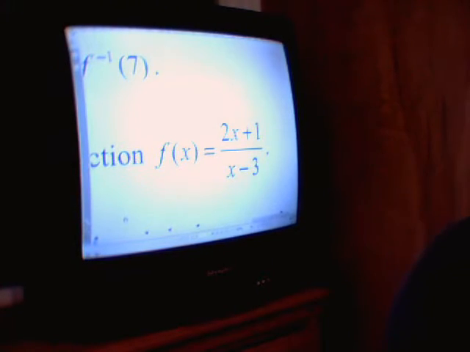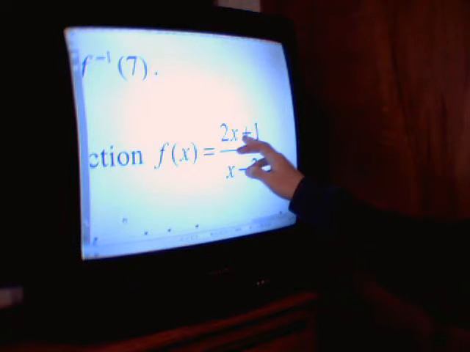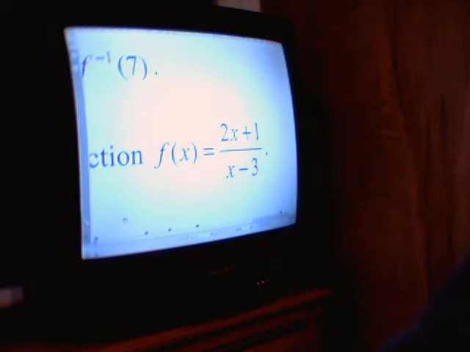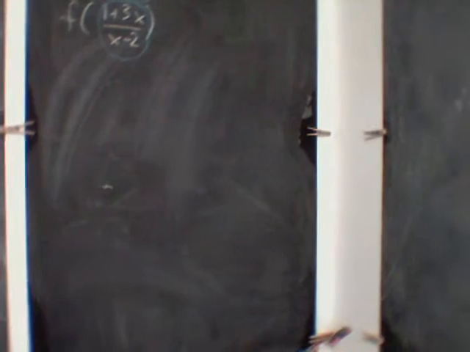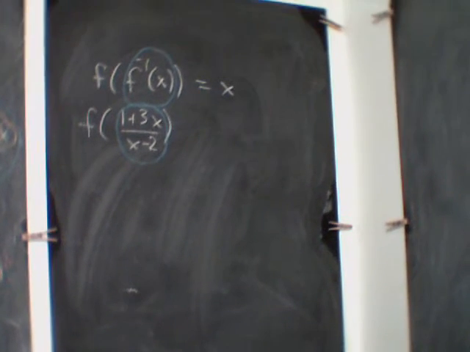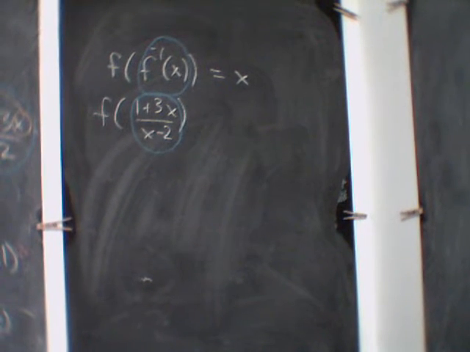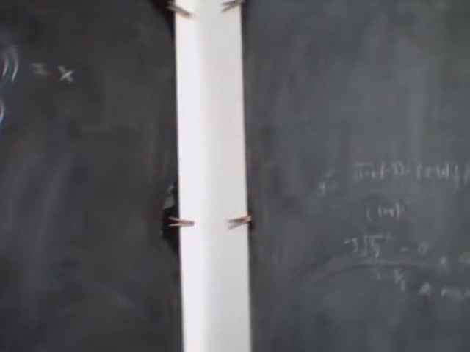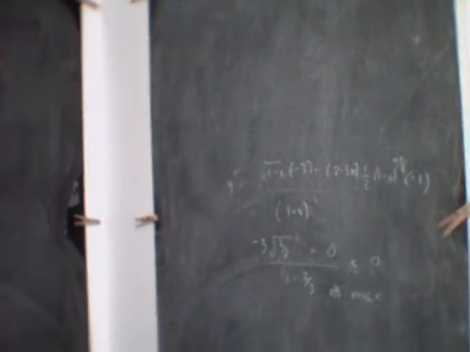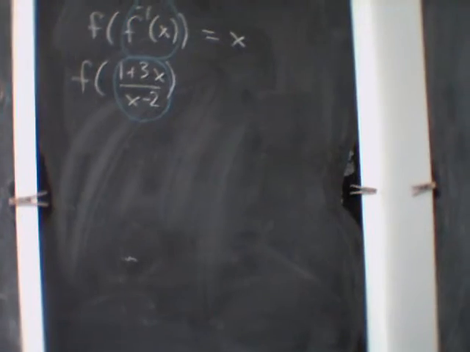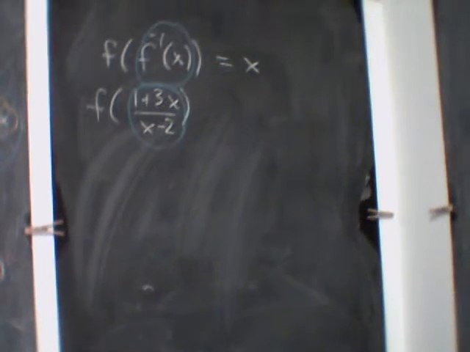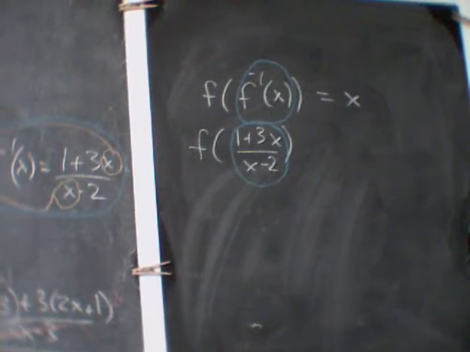And so everywhere we see an x in the original function, we have to put the one plus 3x divided by x minus 2. Just the way that it works.